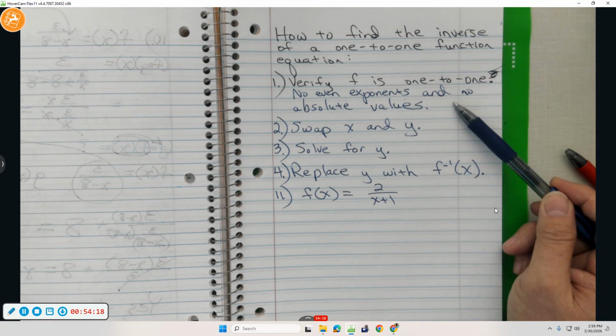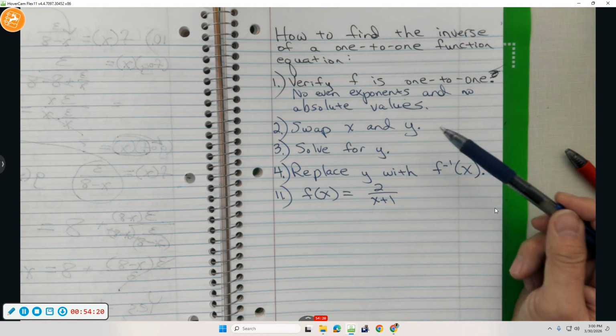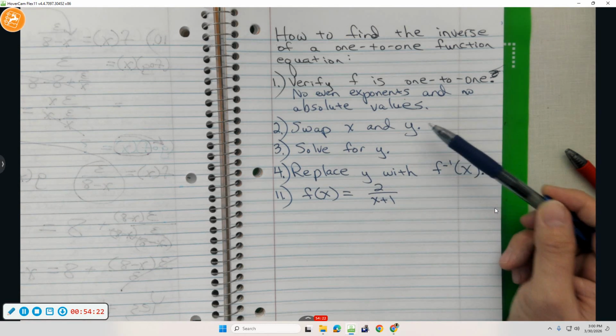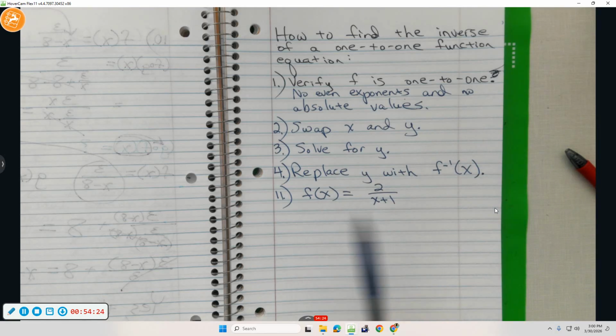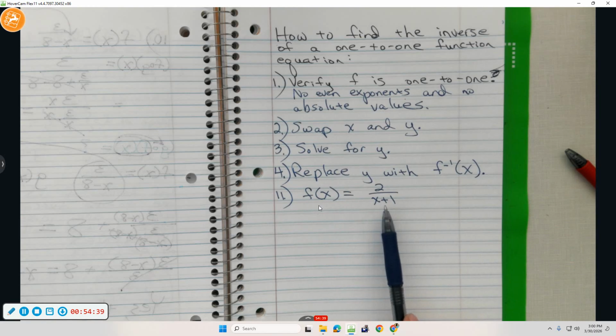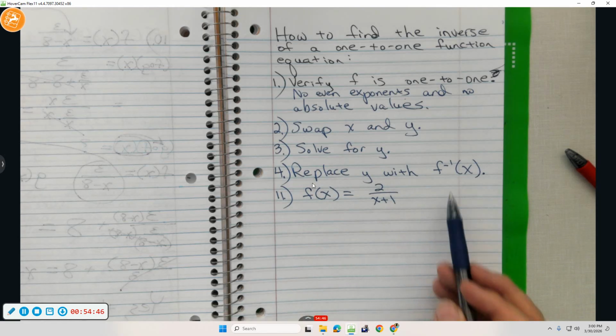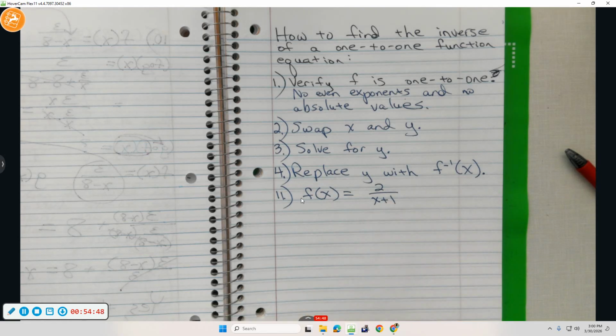So we verified that the function is one-to-one. Now we're going to swap x and y. Wait a minute. I don't even see the letter y here. What's acting like y in this original function? I know that's x. No. I have something written here that represents y.